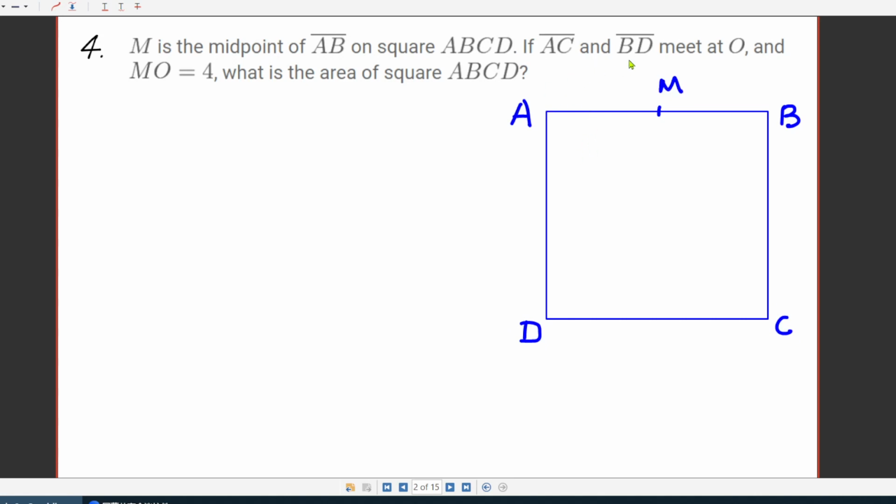And if AC and BD meet at O, okay, AC is here, another diagonal is BD. They meet at a point O here, and MO is 4. So let's connect M and O. And this segment is 4, and it asks you to find the area of the square ABCD.